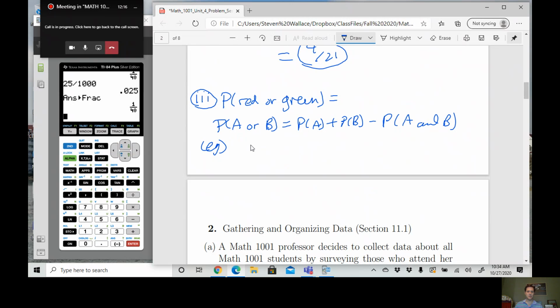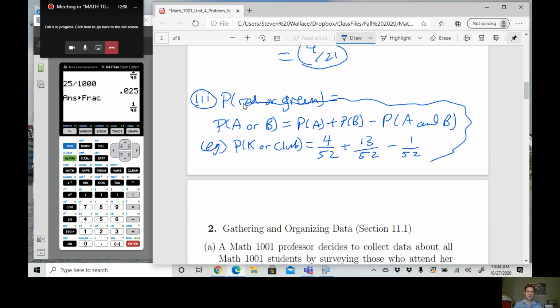So an example of this would be the probability of drawing a king or a club from a deck of cards. You've got 4 kings in the deck. You've got 13 clubs in the deck, but you double counted the king of clubs when you first counted. And so if you think about just counting up all the kings or the clubs, you would get 16 items that are either a king or a club, and then that's out of 52. That's what I get here, 17 minus 1.